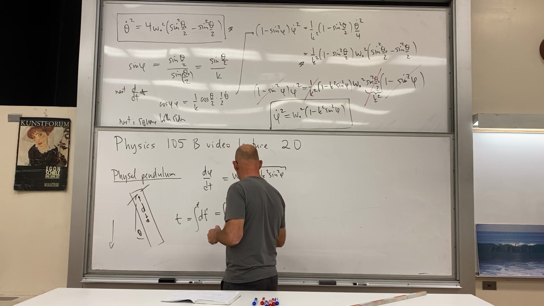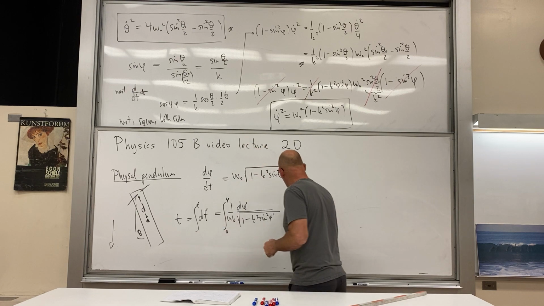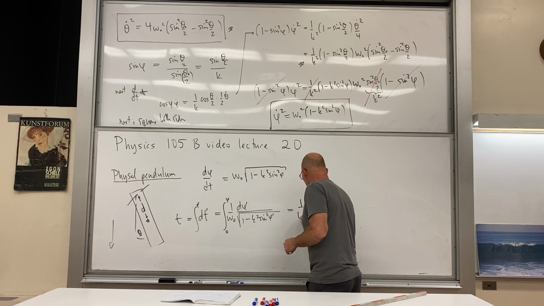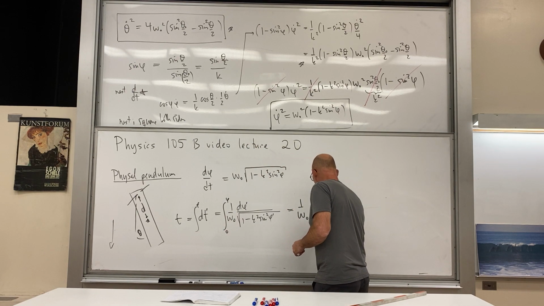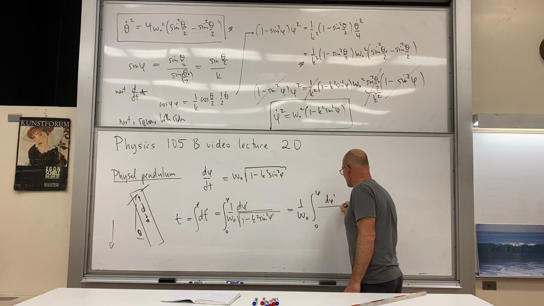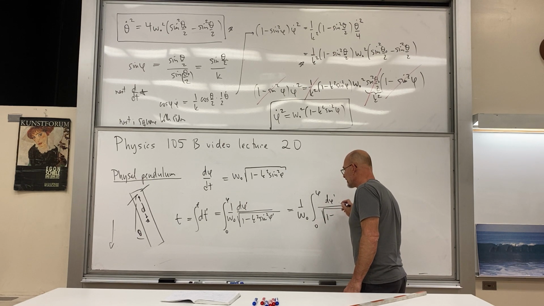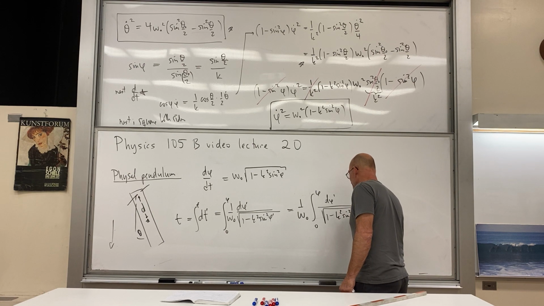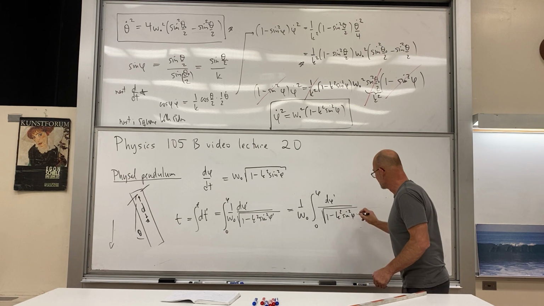Now this is actually a standard form of an integral. So let me pull the 1 over omega naught out. This thing here gets a name. Integral of d phi prime over root 1 minus k squared sine squared phi prime.